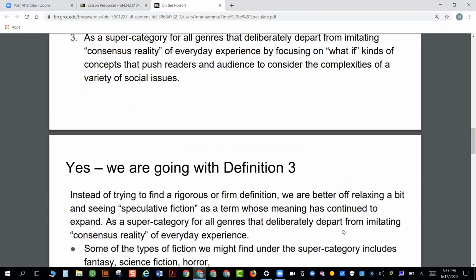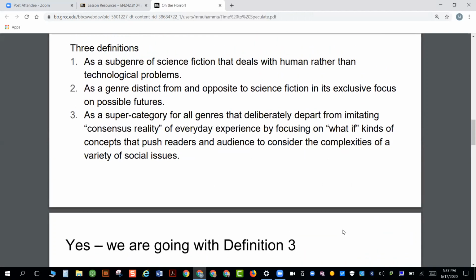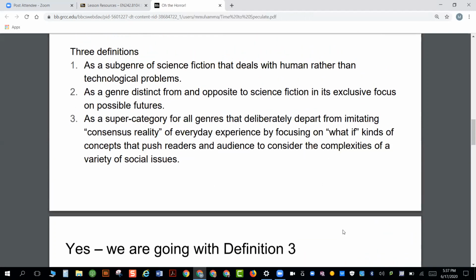Well, let's go to the second thing we put out there, which was what makes this popular fiction. I asked, how does Butler's text fit any of the criteria? And did you notice how this subgenre of fiction got even harder to define than where we started at the beginning of the semester?